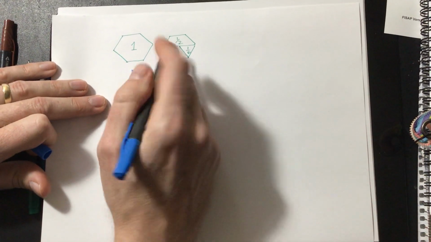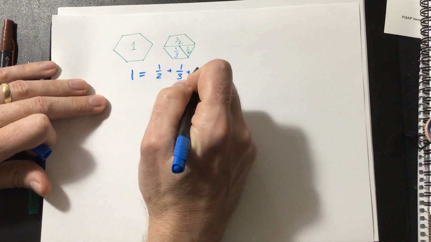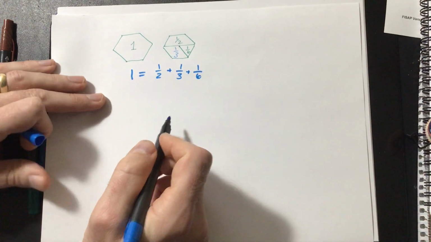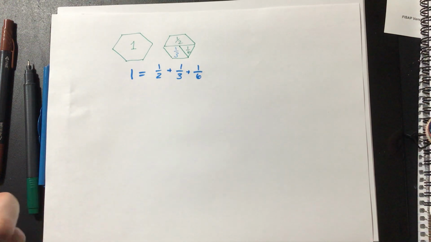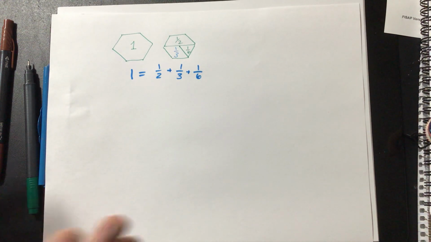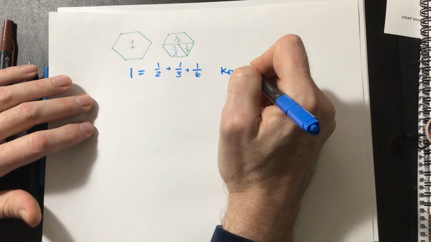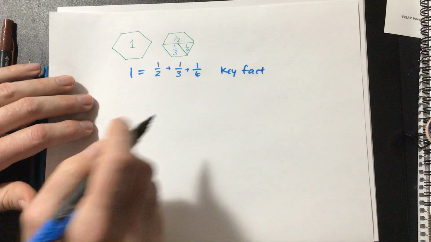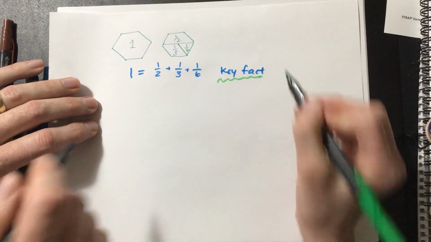We've got 3 unit fractions, and they're all different. So it meets the 2 rules of Egyptian fractions, and they add up to 1. So this is pretty cool. So here's something that we can do with this. This is what I like to call my key fact to help me get even more Egyptian representations.